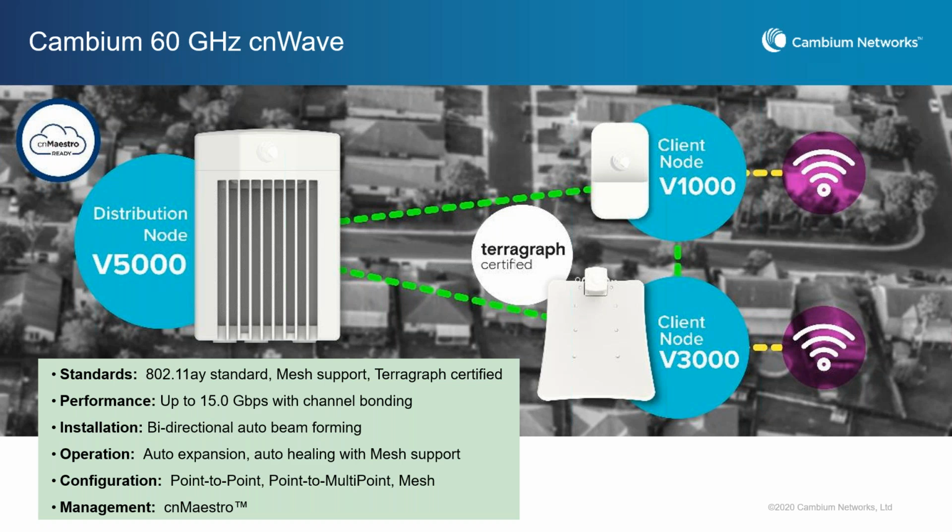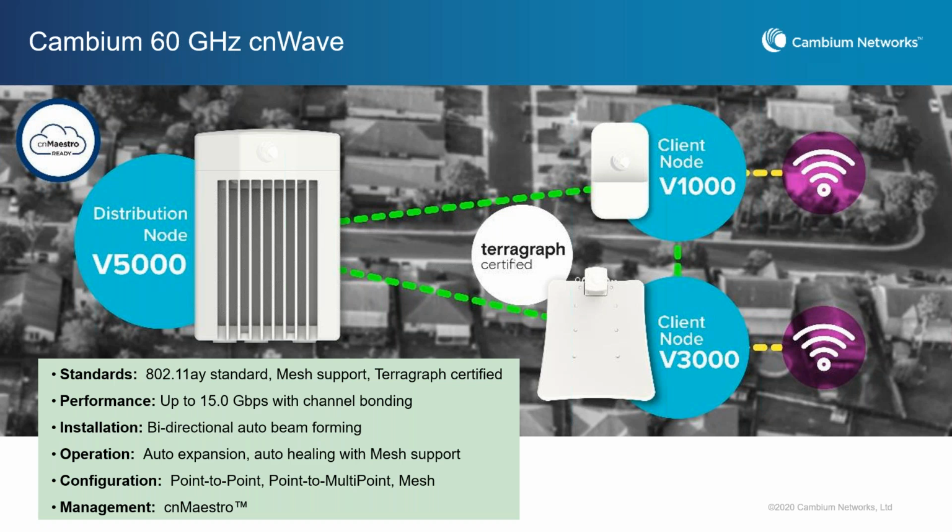The radio supports beamforming on the 60 gigahertz. The beamwidth is relatively narrow, but with beamforming we are able to scan the whole range, so the installation becomes much easier. More than that, we also make the network auto-provision.